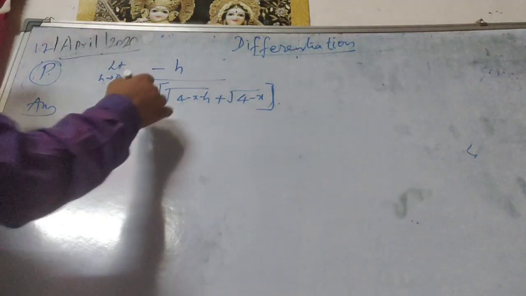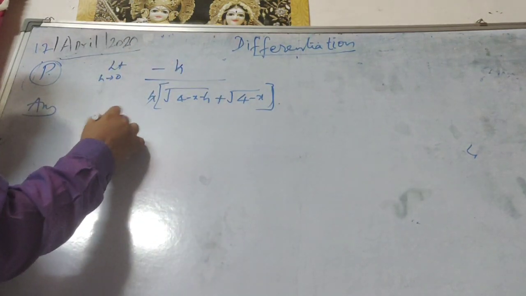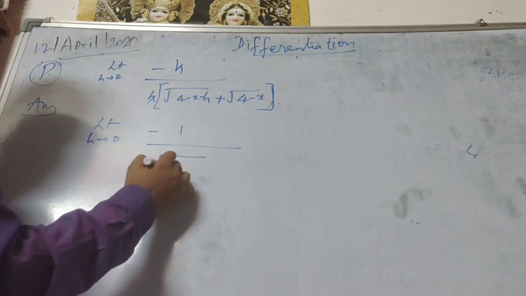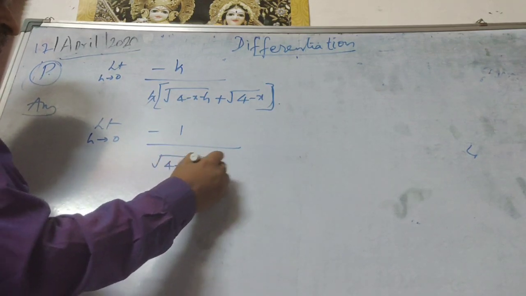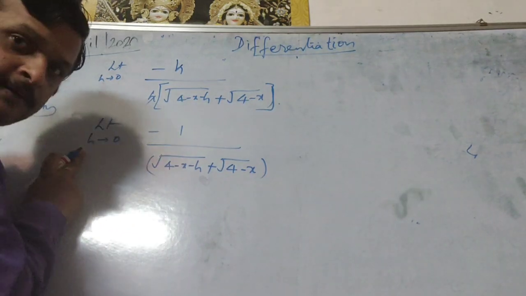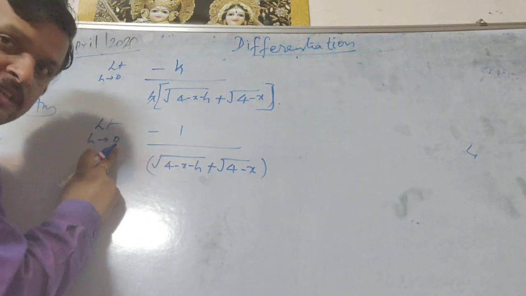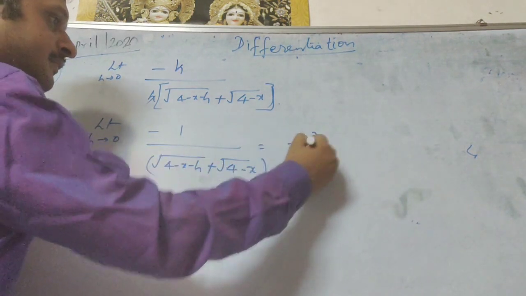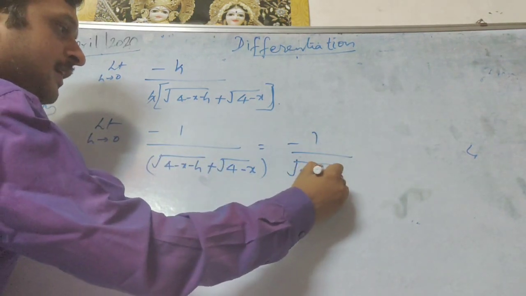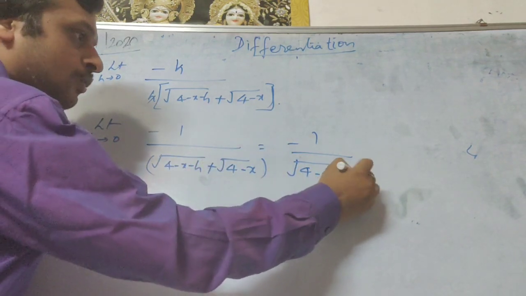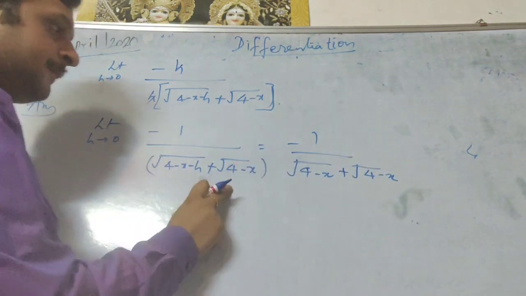Then h and h cancel, so limit h tends to 0 of minus 1 by root of 4 minus x minus h plus root of 4 minus x. Now I'll substitute h tends to 0. I'll get the answer as minus 1 by root of 4 minus x, h is 0 so it vanishes, plus root of 4 minus x.